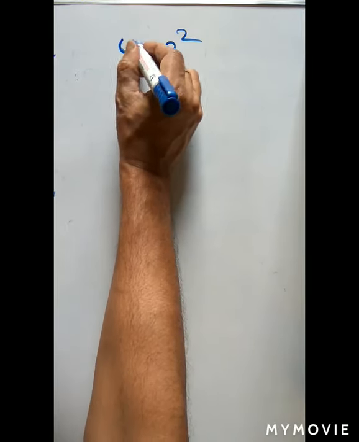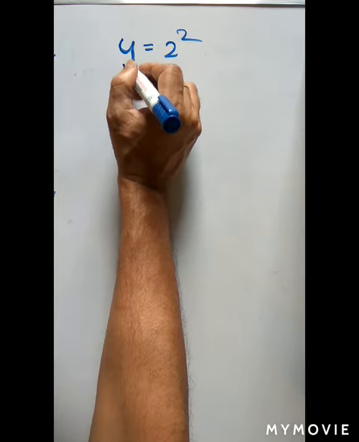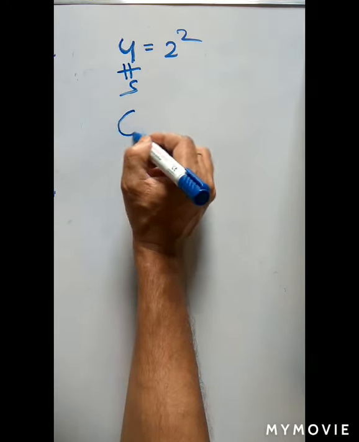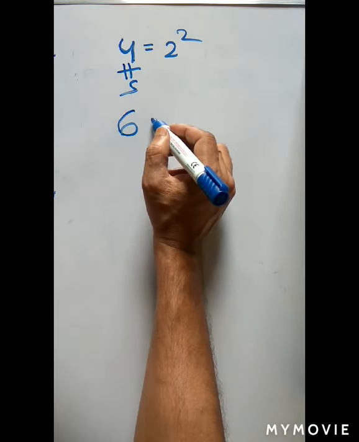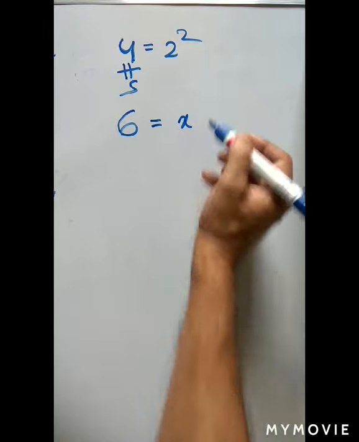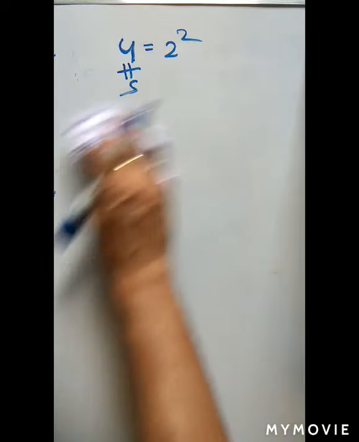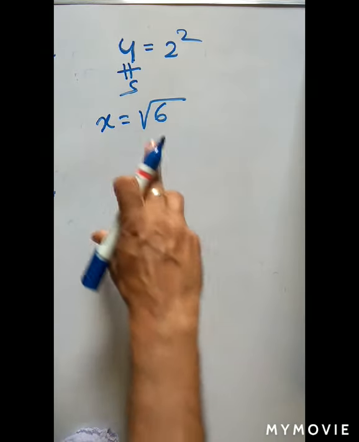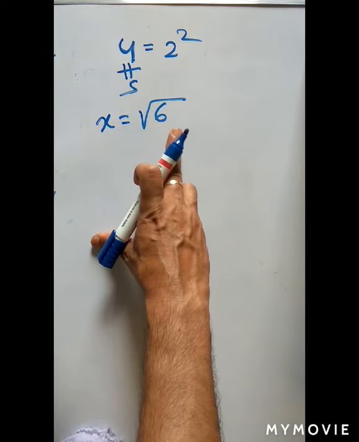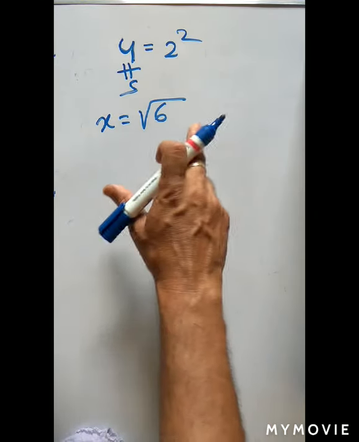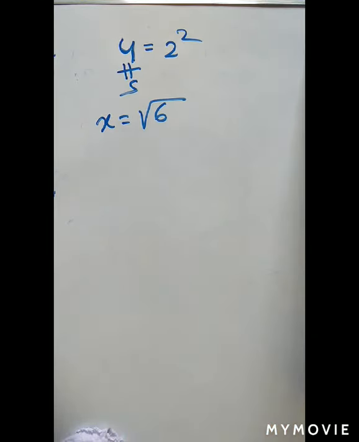So in that case 4 is not an irrational number. But if you take 6, 6 is not the square of any perfect number, that means you cannot find the square root of 6. So if you calculate this square root of 6 value, it will never terminate and never recur. So this type of number is called an irrational number.